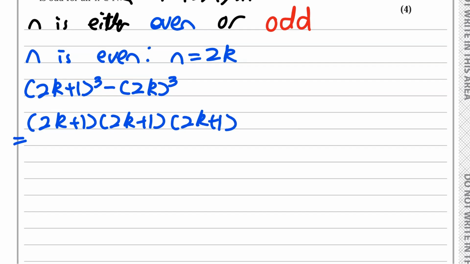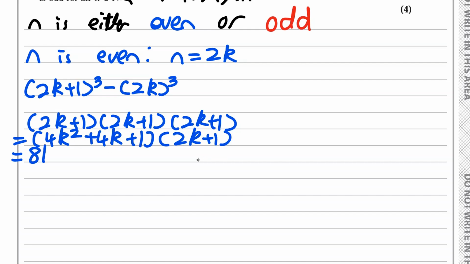Firstly, (2k + 1)(2k + 1) is equal to 4k^2 + 4k + 1, and this is times (2k + 1). Multiplying all the terms in this bracket by 2k gives 8k^3 + 8k^2 + 2k, and multiplying by 1 gives 4k^2 + 4k + 1.